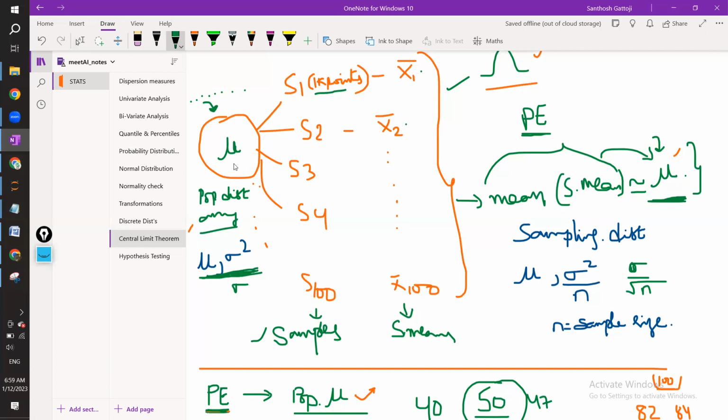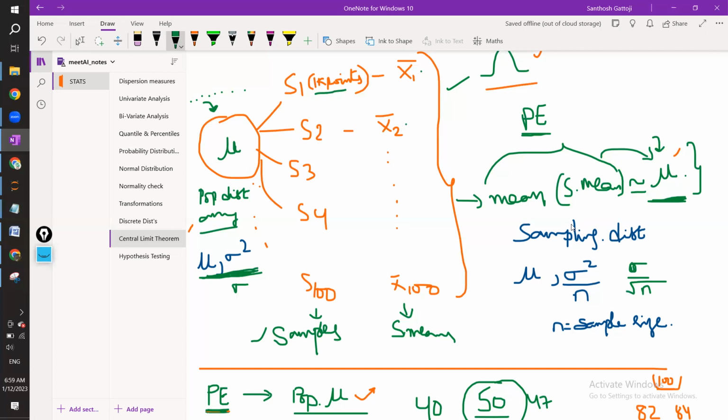But if in the first step itself you have the access and the patience to collect the data of 10 crore people and calculate the mean, then there is no need of this. When you already have the population details, why would I care about the sample? My data will be more accurate, my models will be perfect, everything will be happy.